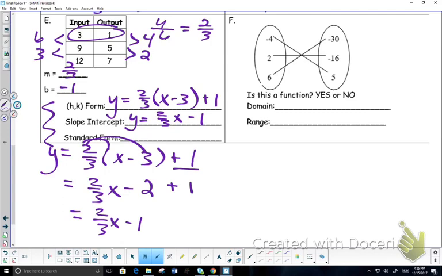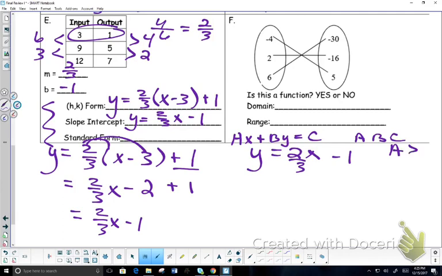Standard form would be now taking this y equals 2/3 x minus 1 and converting it to that ax plus by equals c, where a, b, and c are integers and a is greater than 0, okay? So my first step is I'm going to subtract 2/3 x from both sides.